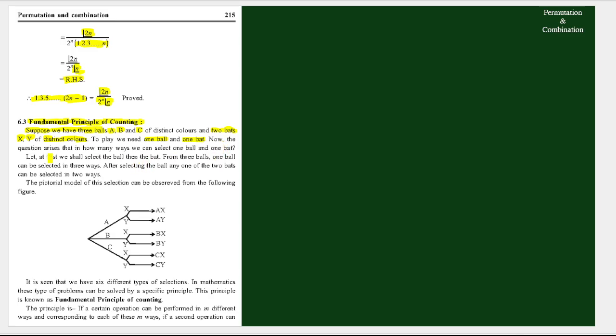So let us first select the ball, then the bat. So A, B and C are the balls, X and Y are the bats. When we take ball A, we take bat X. So AX, this is one combination.